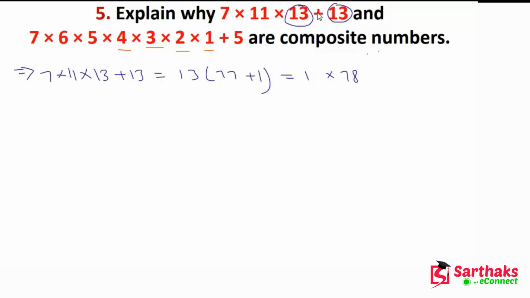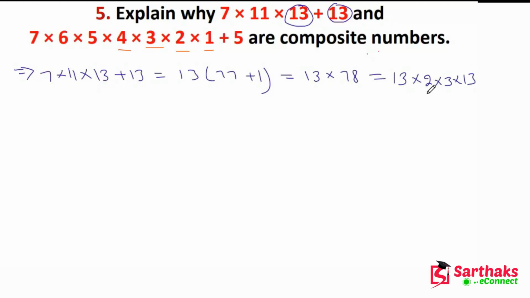So we can write here also the factors of 78. So 13 into, the factors of 78 are 2 into 3 into 13.